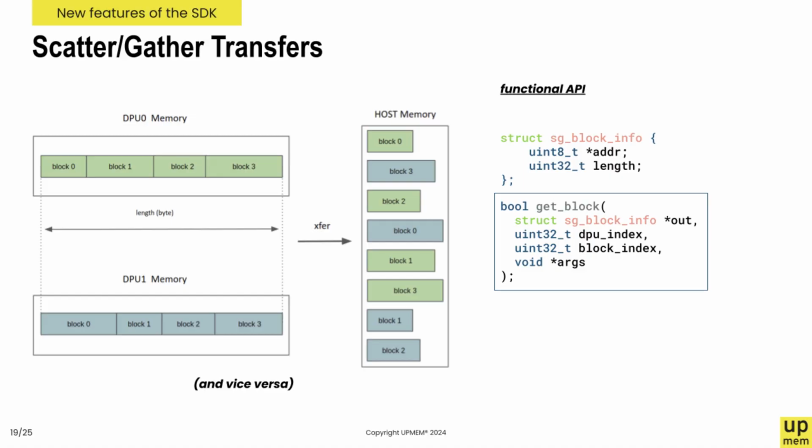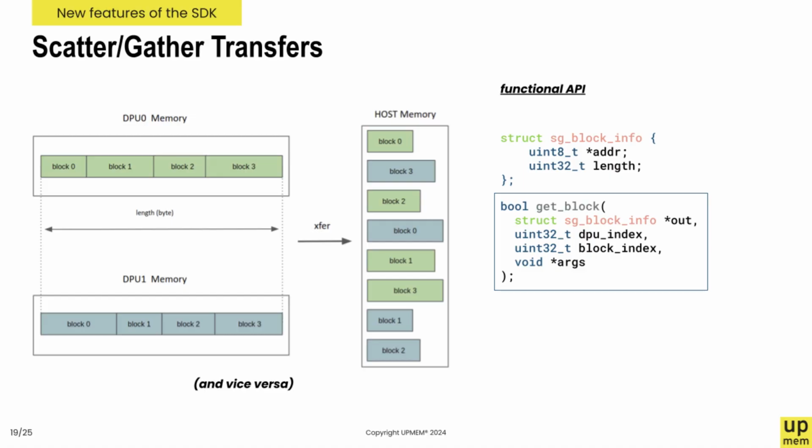It uses a functional API. What I mean by that is that we don't make you fill a table of pointers or something like that. The SDK does it in the background for you. Instead, what you provide is a function where you tell, okay, for DPU N and block M, I want to send data that starts at this pointer and that has this length. And it returns a bool.